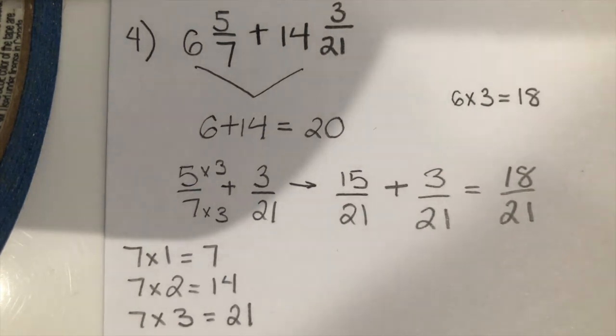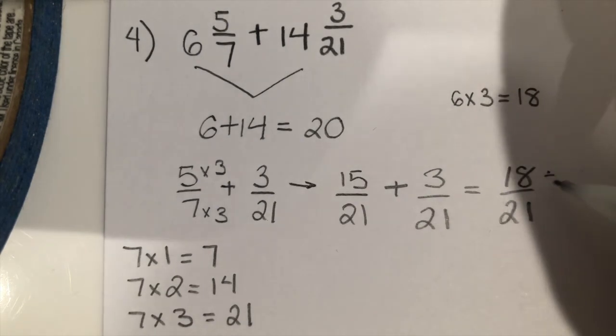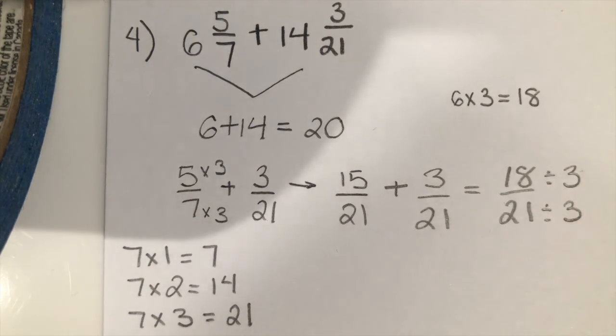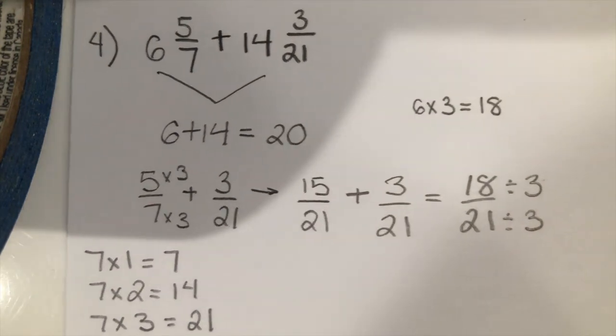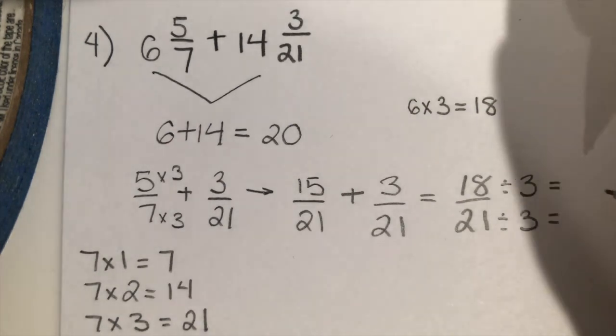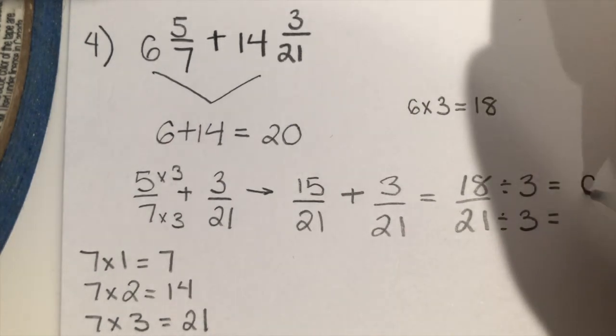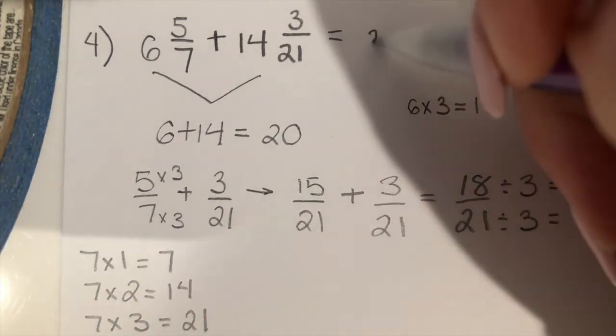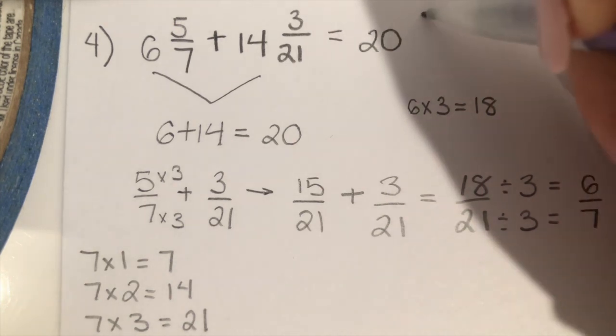Therefore, when you do 18 divided by 3 and 21 divided by 3, your new fraction will be 6 over 7. That means the final answer to this equation is 26 over 7.